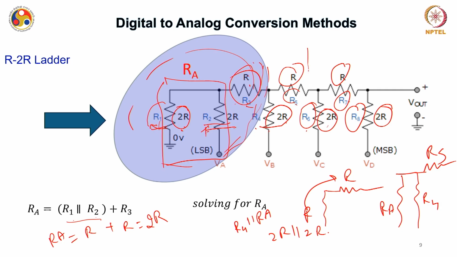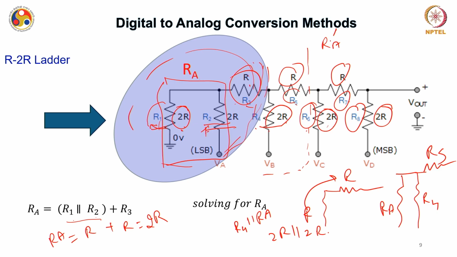So, till this particular point, I have again resistance as equivalent resistance as 2R. Now, this 2R is again in parallel with R6. Let me call it RA bar.